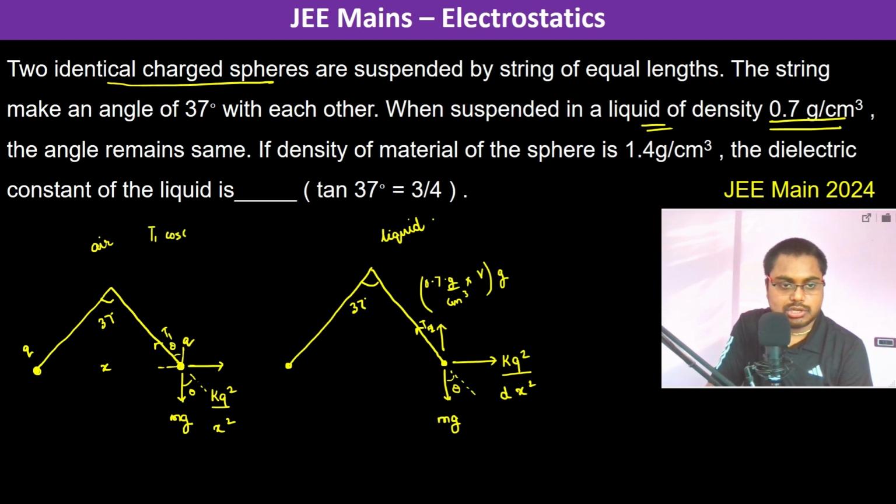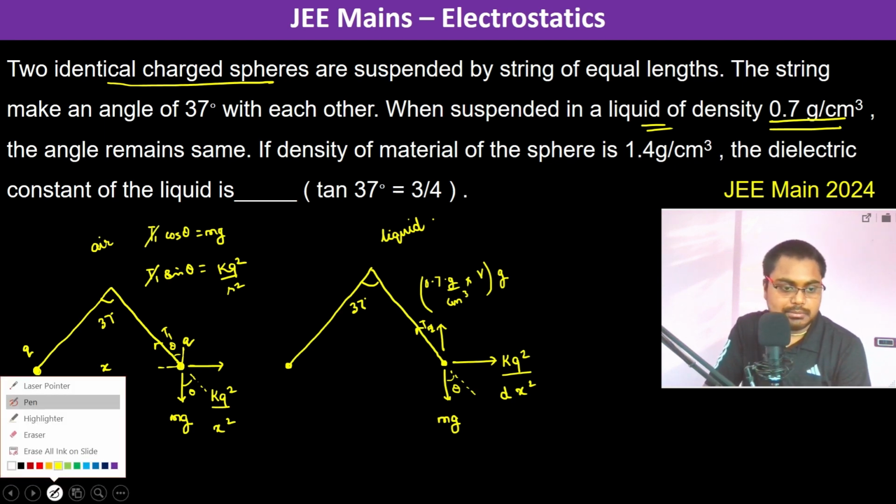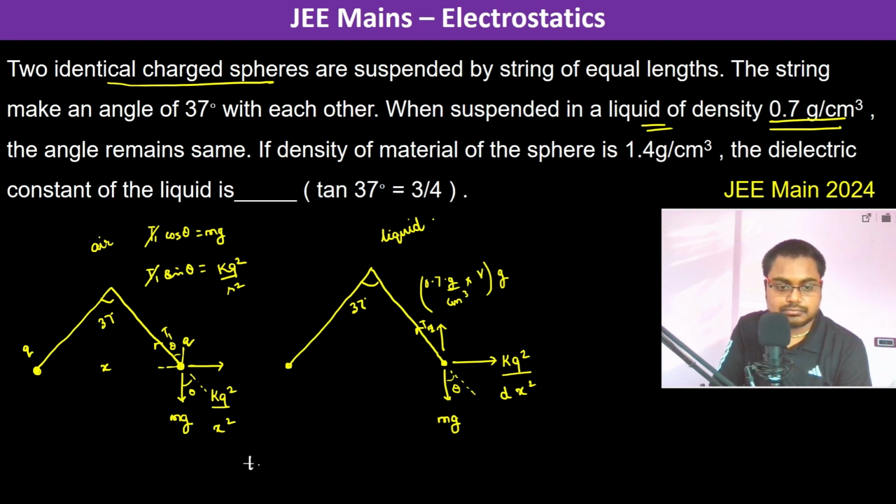T1 cos theta is equal to mg, and T1 sin theta is equal to kq square by r square. Since theta is the same, in tan theta the tension gets cancelled. So in both the cases tan theta is going to be the same, so we write tan theta is the same in both the cases.